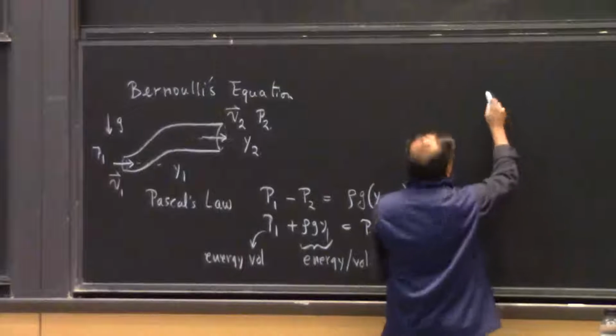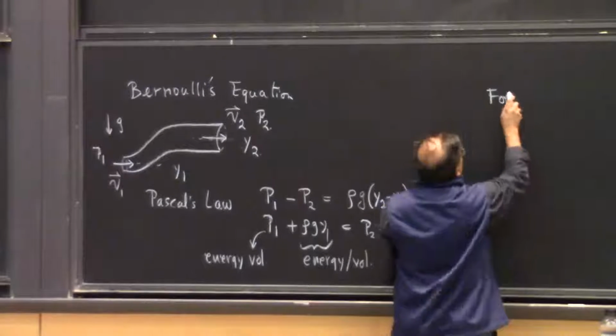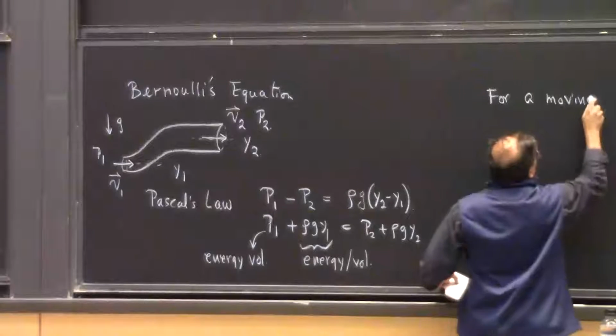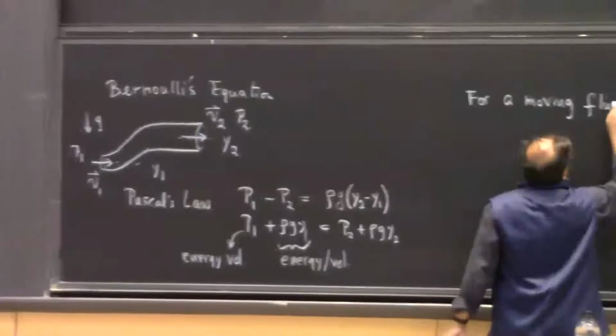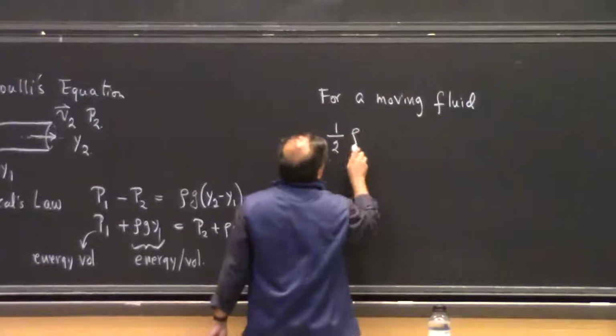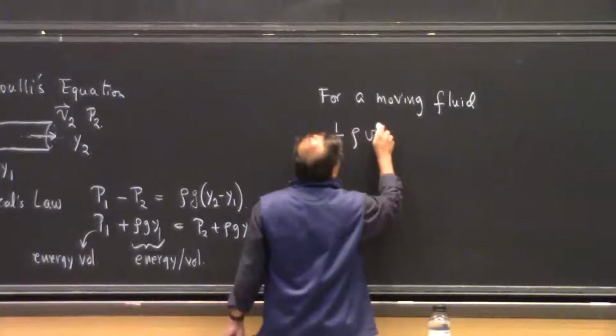So what happens is, for a moving fluid, I should be able to then write 1/2 rho V1 square.